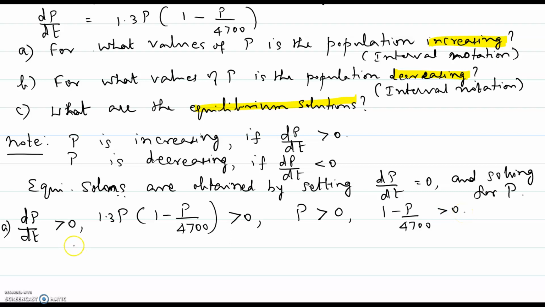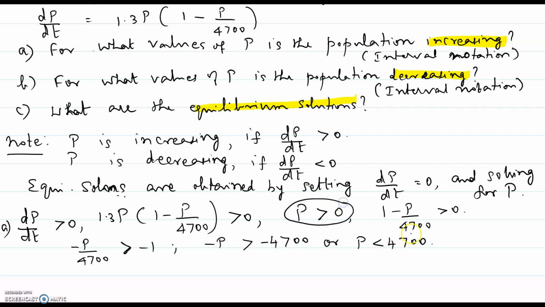So negative P over 4700 will be more than negative 1. If you multiply by 4700 on both sides, negative P will be more than negative 4700, or P is less than 4700. So we have P more than 0 and P less than 4700.